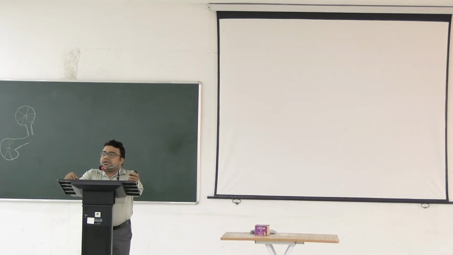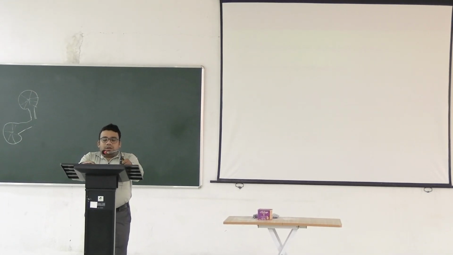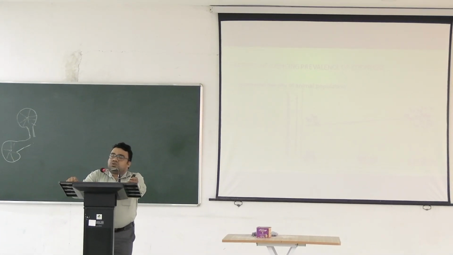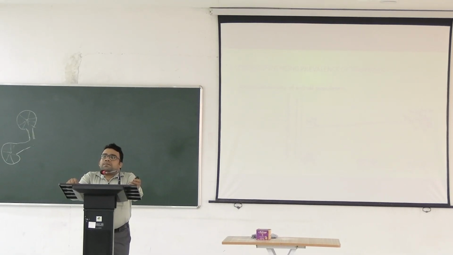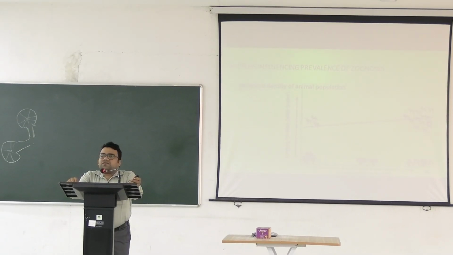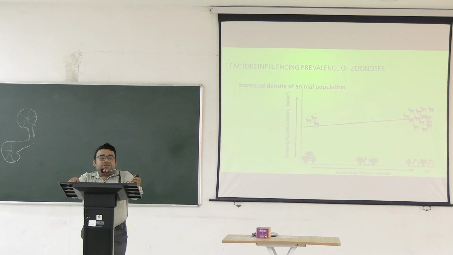Now, coming to the Indian context, in India, zoonotic diseases have perhaps been neglected for many years. But the impact of zoonotic diseases in India has been very significant. Right from, say, rabies infection, still very prominent in India.